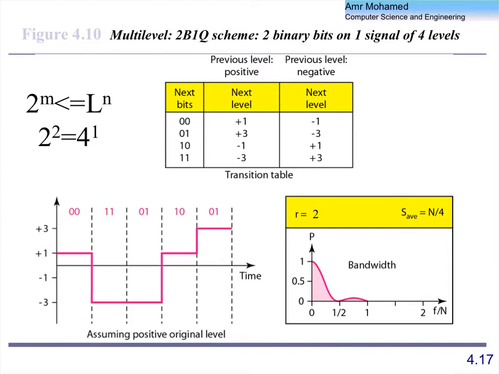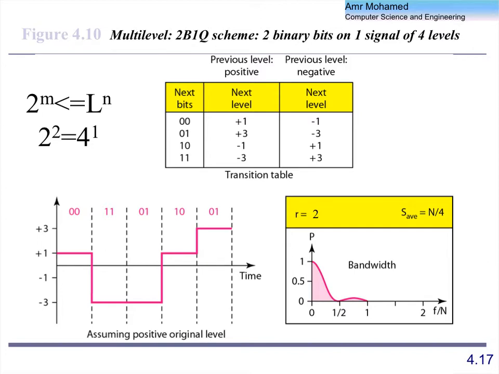So, for example, this multi-level scheme, as we said, is part of the mBnL schemes, and as we said, 2 to the power m has to be less than or equal to L to the power n. And if we have equal, this means that we do not have any degree of freedom. So we always have one bit combination mapped to one signal element combination.